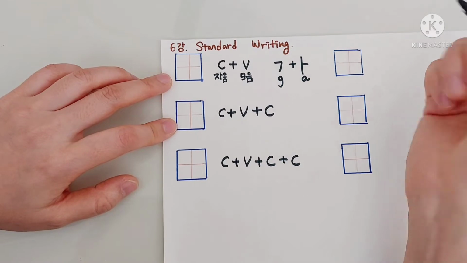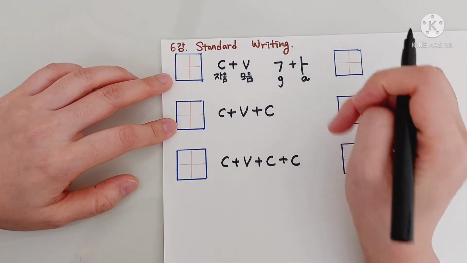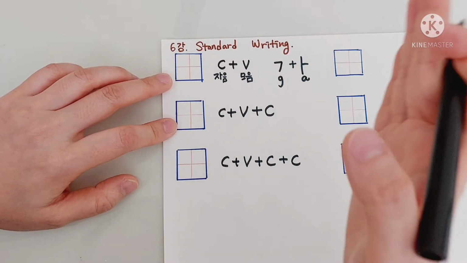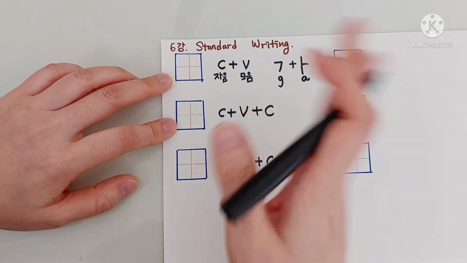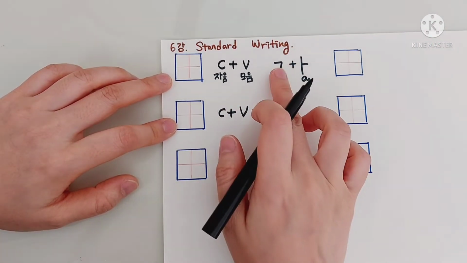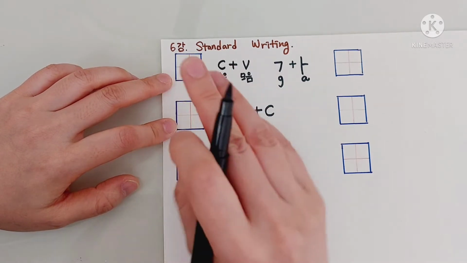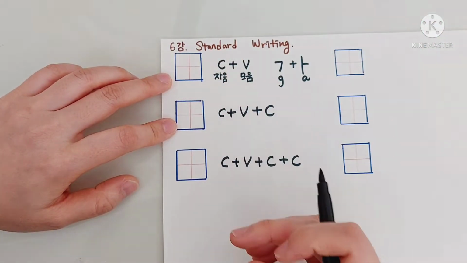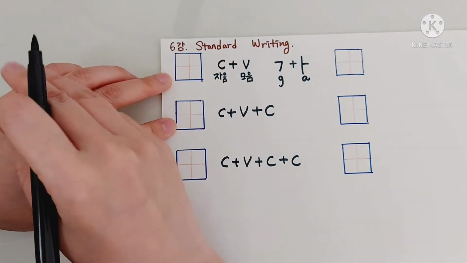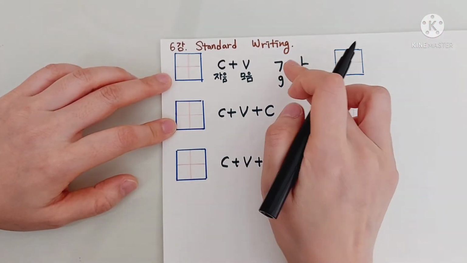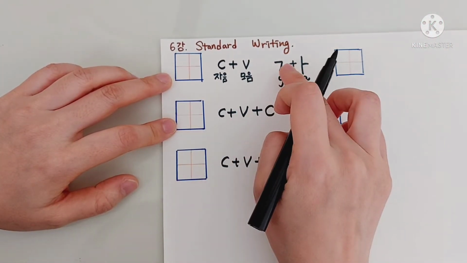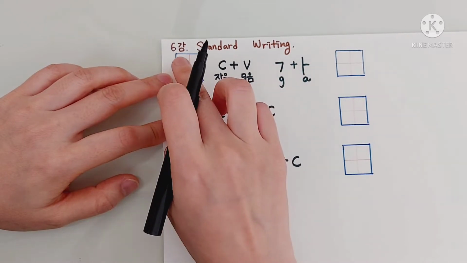And you remember the standing line always has to be put on which side? Right side. Always consonant first, from top to bottom, from left to right. So the consonant has to be here.